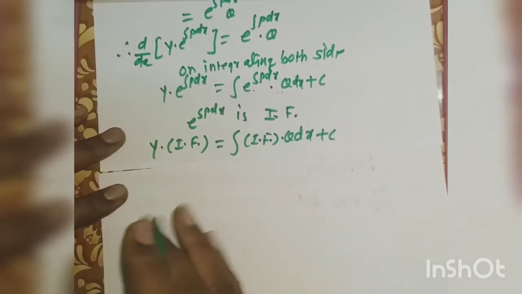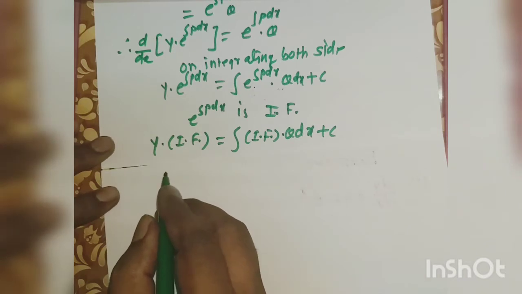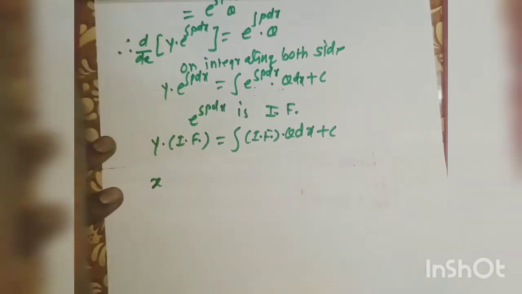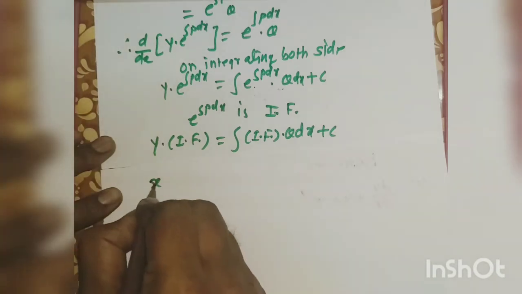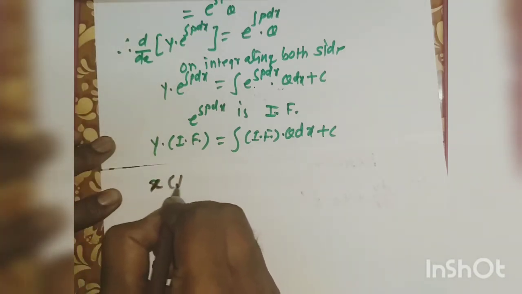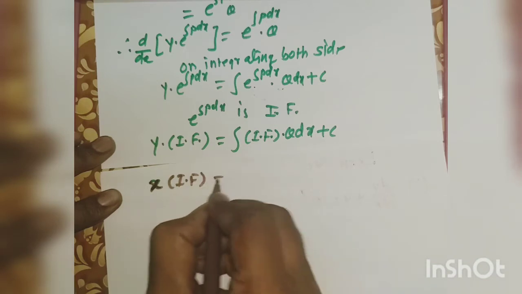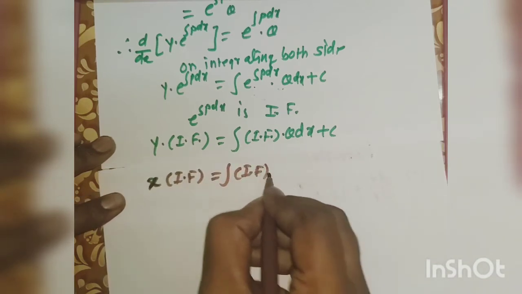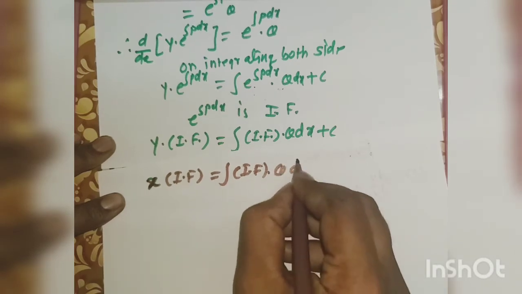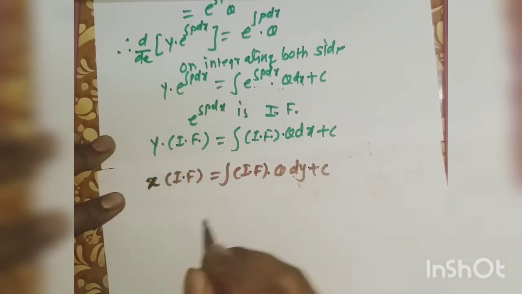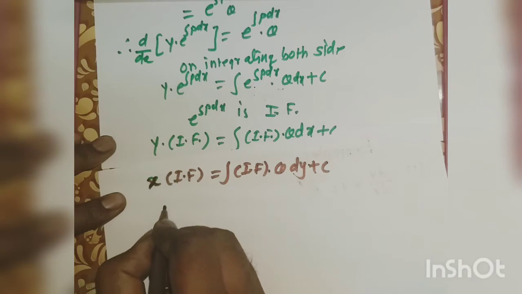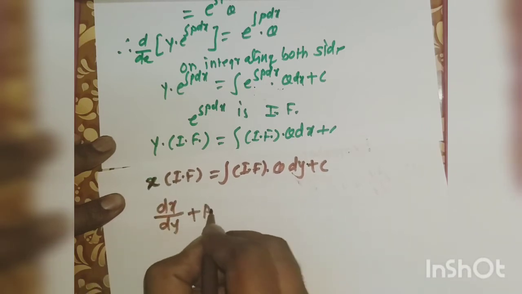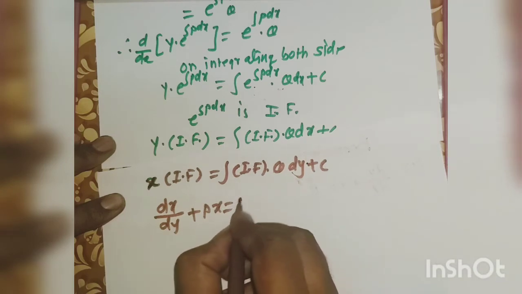And if we consider the equation in terms of x, then x into IF is equal to integration of IF into q dy plus c, which is the solution of dx by dy plus px is equal to q.